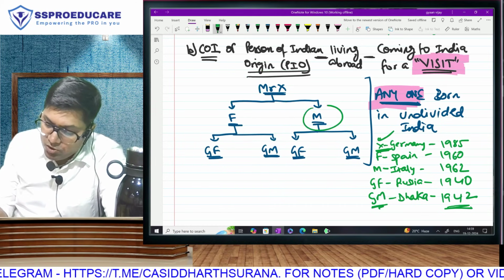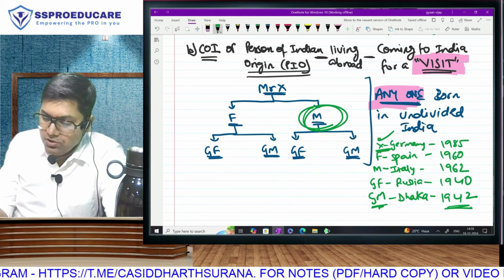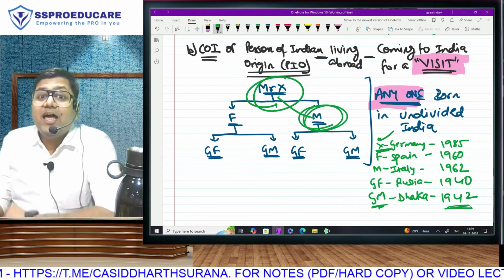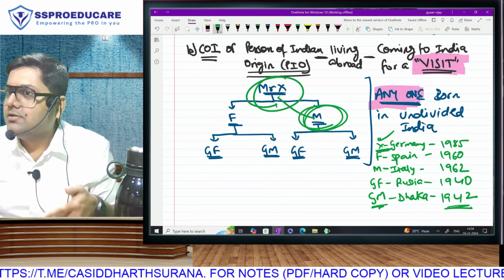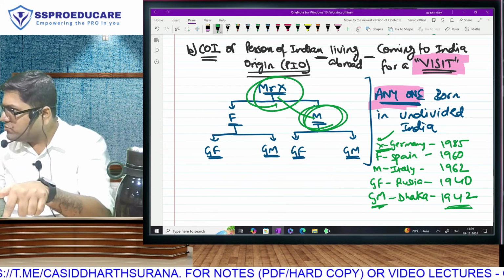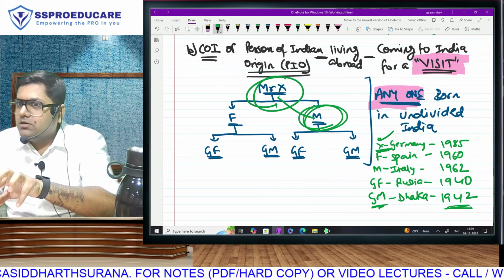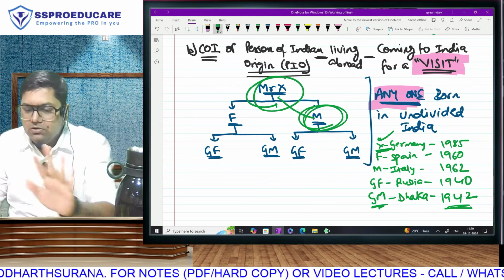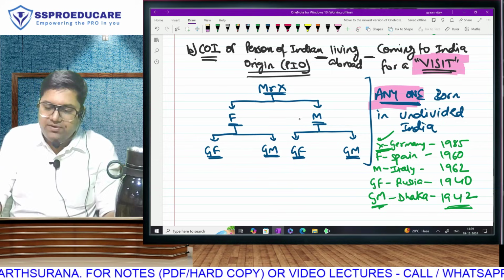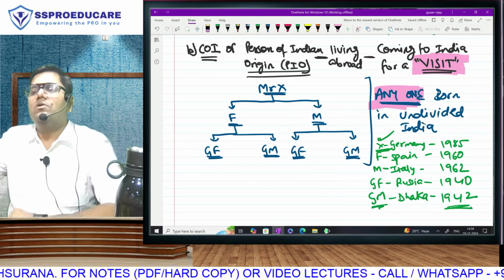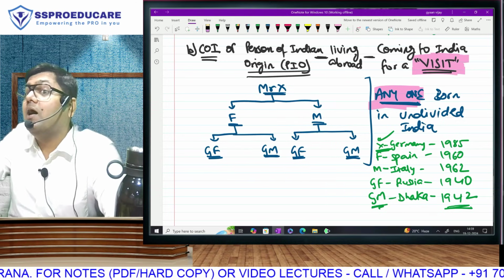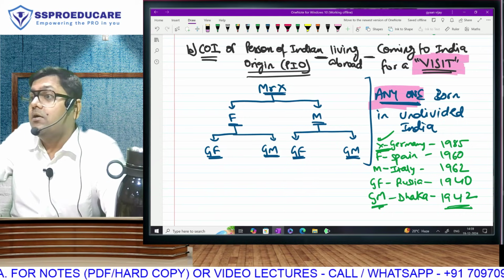For example, if you want to know whether this mother is PIO, you have to keep the mother here and check her parents and grandparents. You have to do the checking for every individual. It is possible that father is PIO but mother is not. It is possible. Okay. So you will have to do the checking for every individual citizen or PIO who is living abroad and coming to India, not for settlement but for a visit.